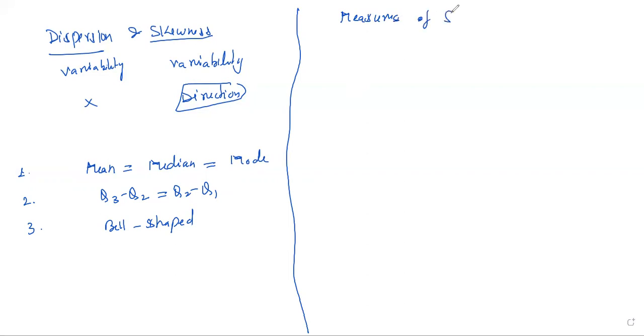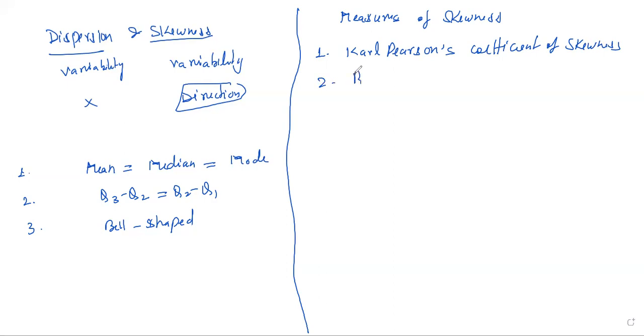So measures of skewness are given here. Number one is named after the scientist Karl Pearson: Karl Pearson's coefficient of skewness. Second, Bowley's coefficient of skewness, the second scientist.